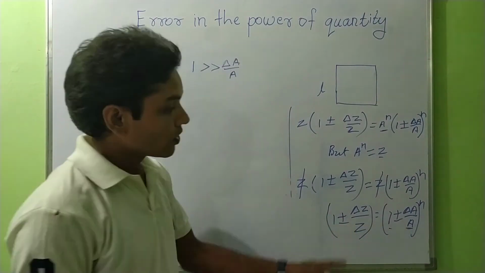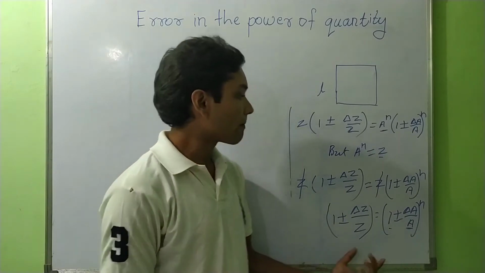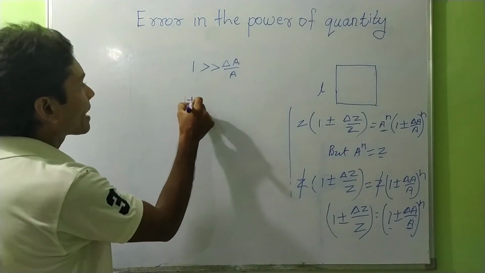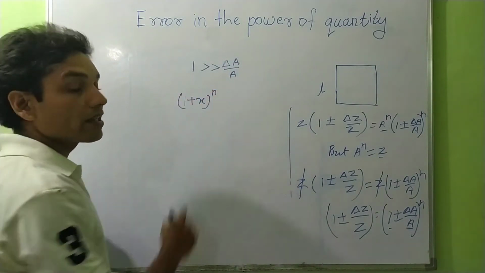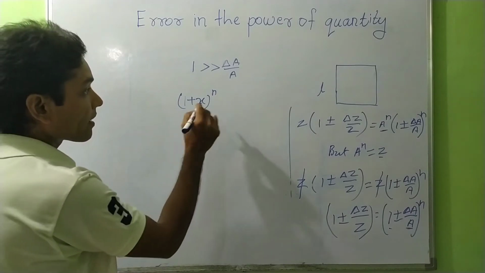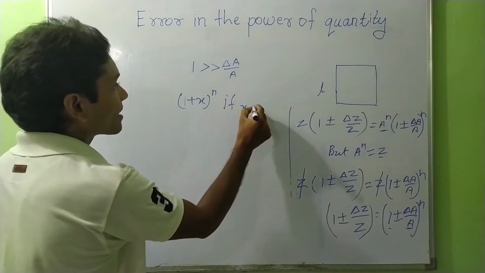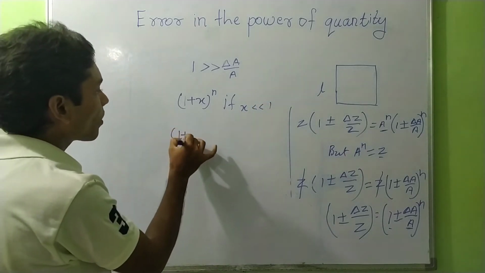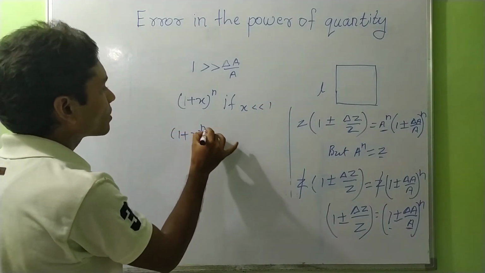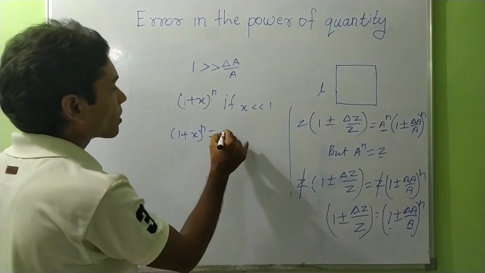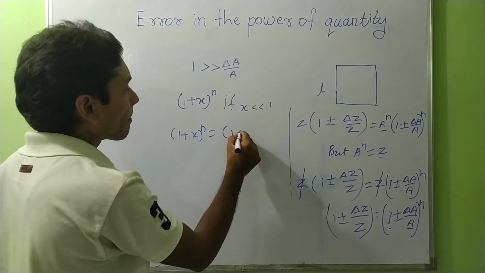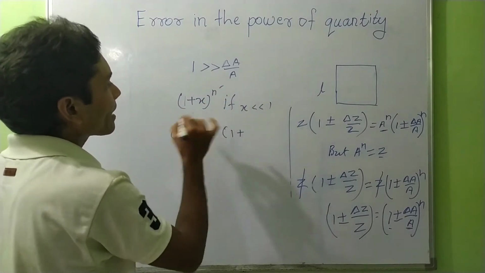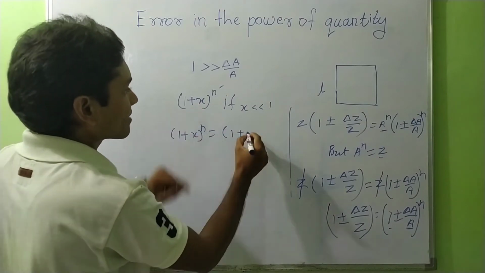You know, by the binomial theorem, if 1 plus x to the power n is there, and if x is much smaller than 1, then the expansion of 1 plus x to the power n equals 1 plus n x, where the power n comes in front of x.